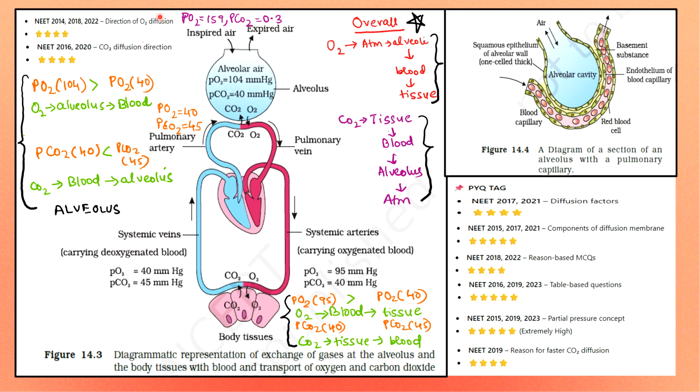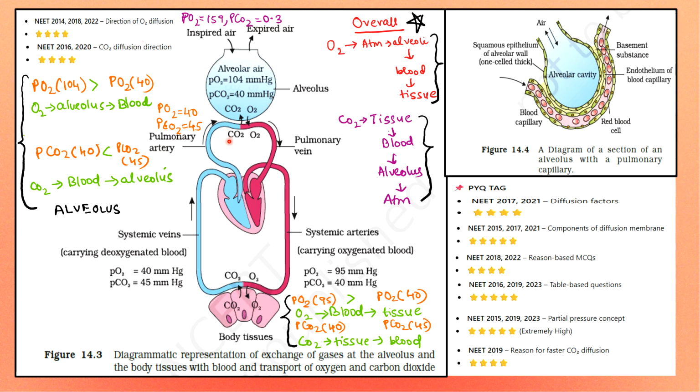Let us see gas exchange in more detail now. In the atmosphere, the partial pressure of oxygen is 159 and that of carbon dioxide is 0.3. As we inhale air and it passes through the conducting airway to the alveolus, the partial pressure of oxygen becomes 104 and for carbon dioxide it becomes 40 millimeter of Hg.